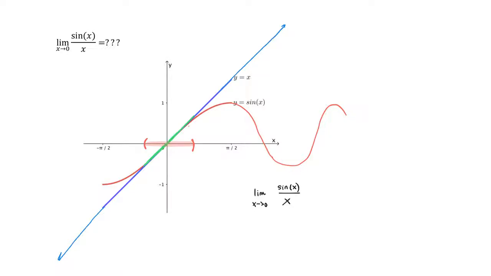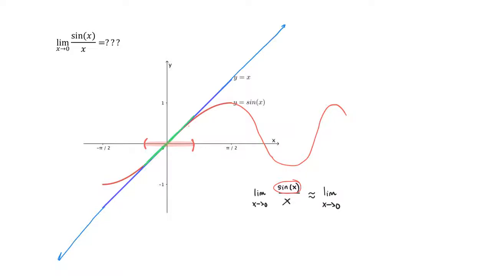will be approximately equal to the limit as x approaches 0. And now what I am going to do here is replace sine x with x. Because remember, around 0, sine x and x are identical.